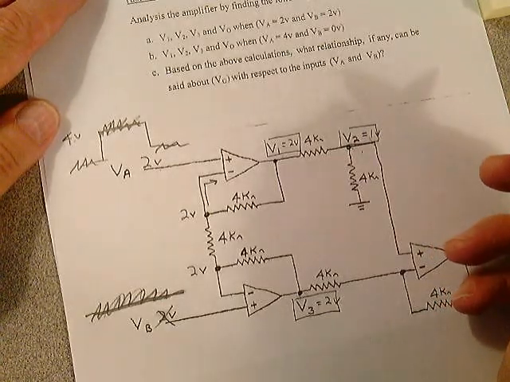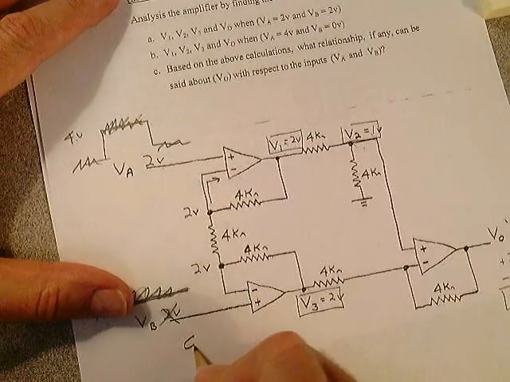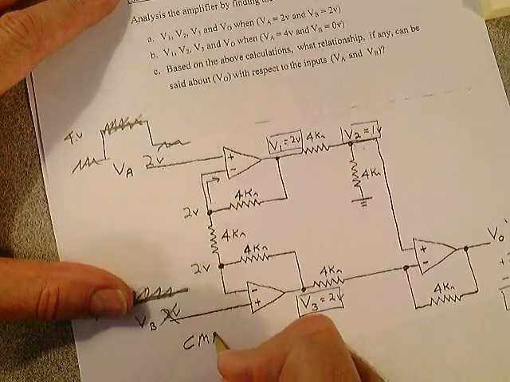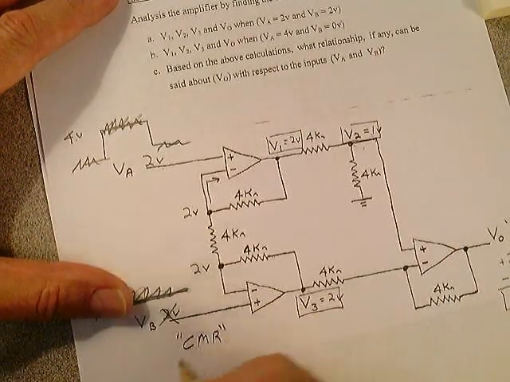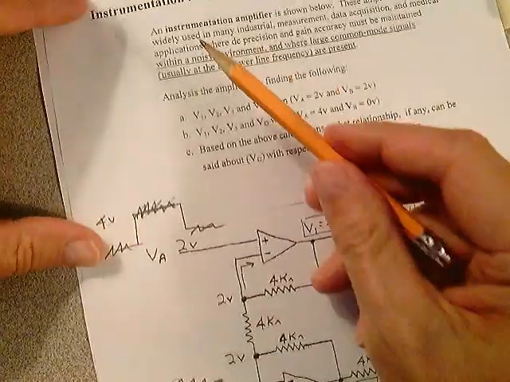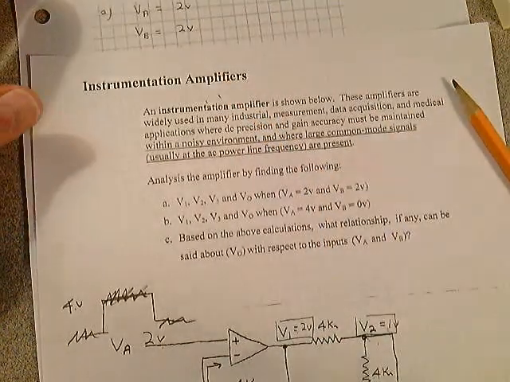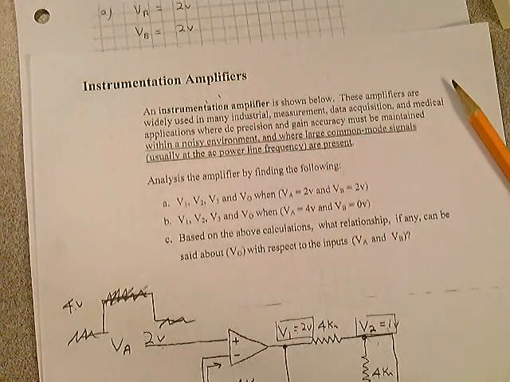You'll hear that in future courses called common mode rejection. Common mode rejection. That's why instrumentation amplifiers are so popular. That concludes this brief lecture on instrumentation amplifiers.